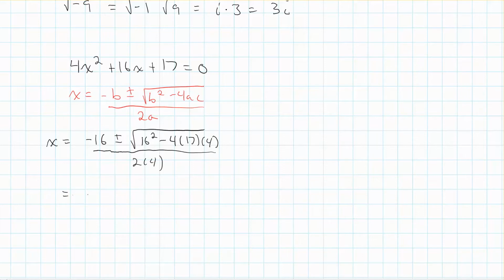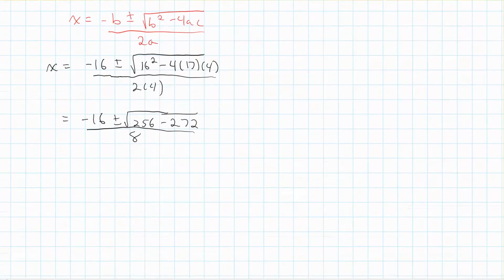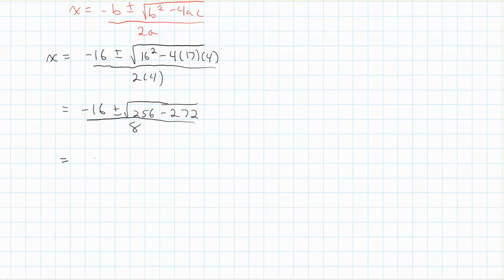And so this would be negative 16 plus or minus the square root of 256 minus 272 all over 8, which would be negative 16 plus or minus the square root of negative 16 all over 8, which would be negative 16 over 8 plus or minus the square root of negative 16, which would be 4i over 8.